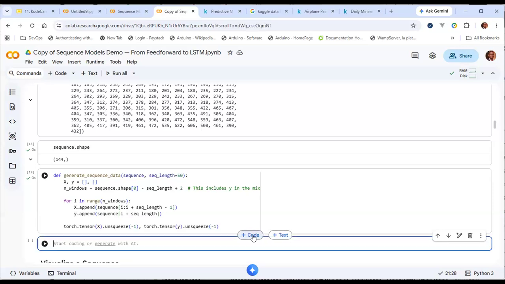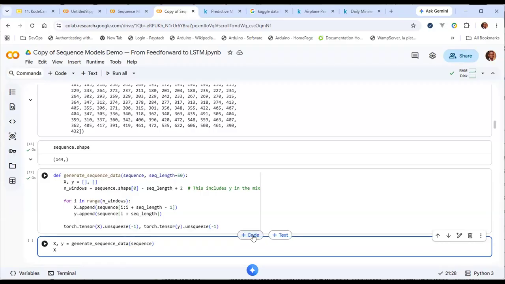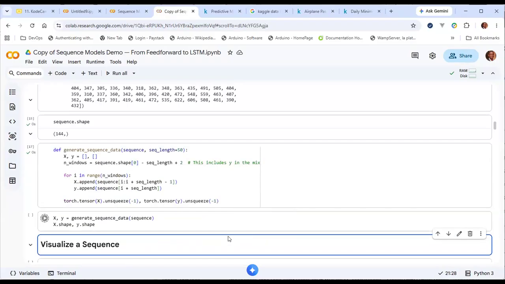So let's see how it looks now. We can say x and y is generate_sequence_data. The sequence we are passing is sequence, and the sequence length is 50, so we'll just leave it at that. Then we'll see how x looks: x.shape and y.shape.